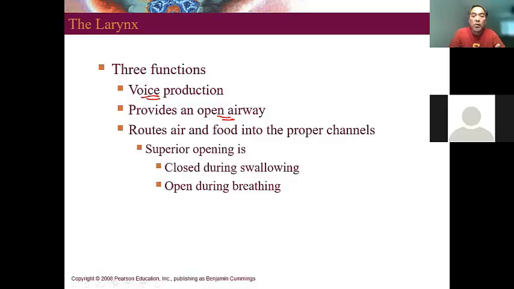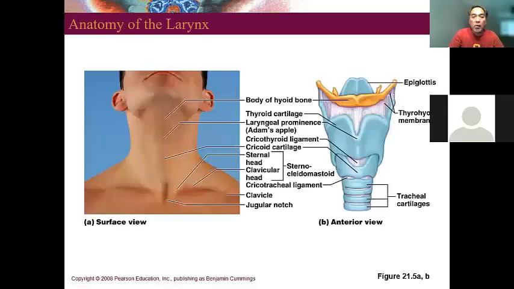The superior opening is closed during swallowing, but it's open during breathing, because remember, the epiglottis is curved upward. So it's constantly open, but when you swallow food, it will be pushed down to cover that opening.